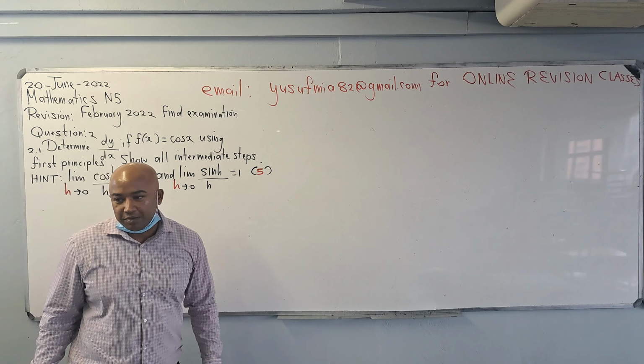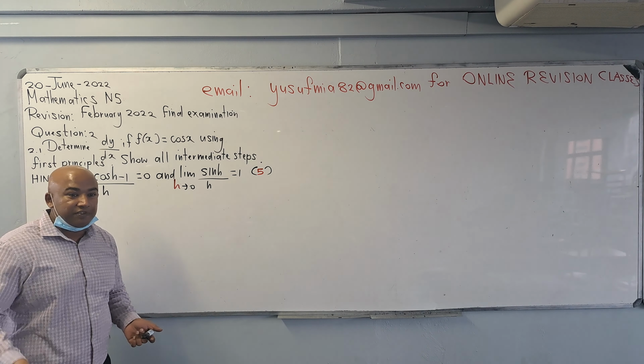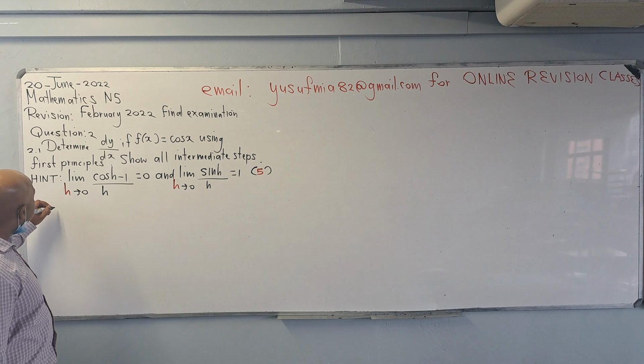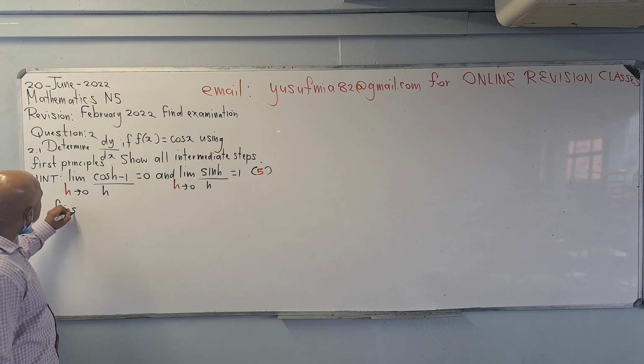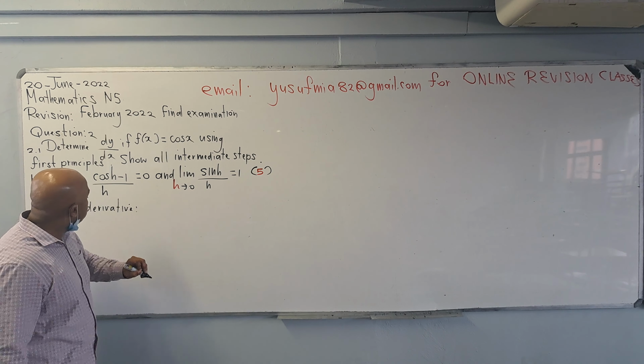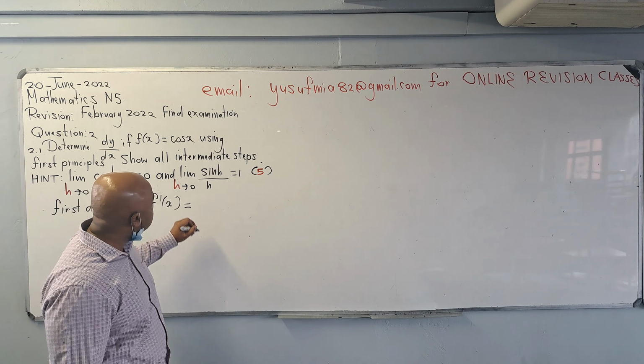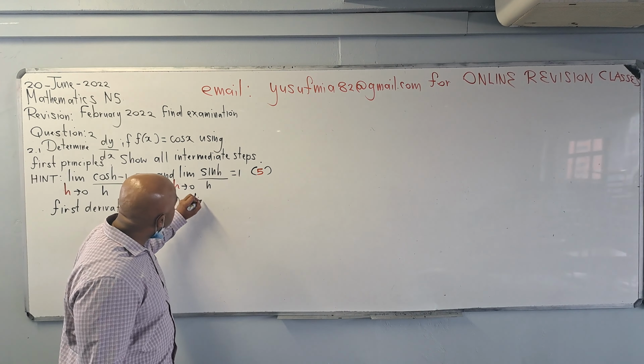Okay, so now, let's have a look at how we're going to deal with this. We know from first principles from grade 12, your first derivative, so we can say f prime x is equal to the limit as h approaches 0 of f of x plus h minus f of x, all divided by h.